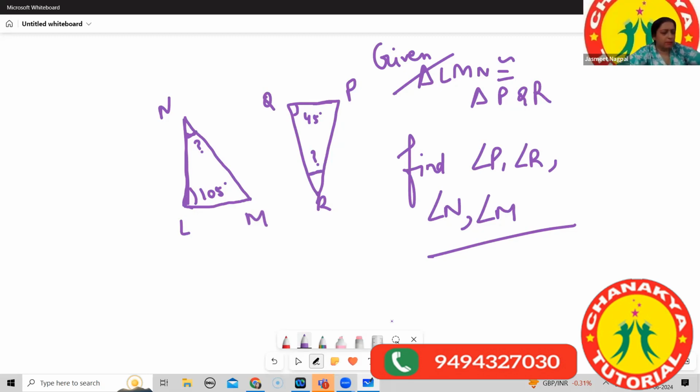How is it possible? From my side, N is coming 30. See, L, yes, ma'am. See, L is equal to which angle?